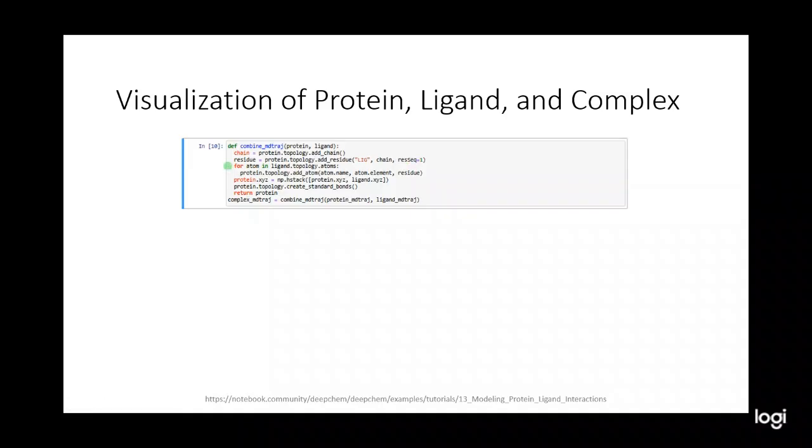Once we have created the necessary descriptor instance objects, the function uses a looping structure to iterate through all the atoms in the ligand molecule's topology. It then adds these atoms to the protein topology as part of the same residue we previously defined.